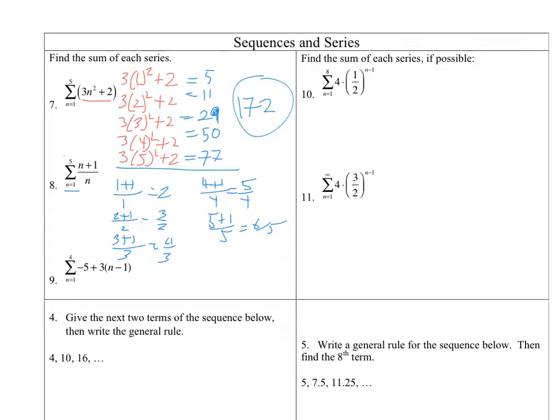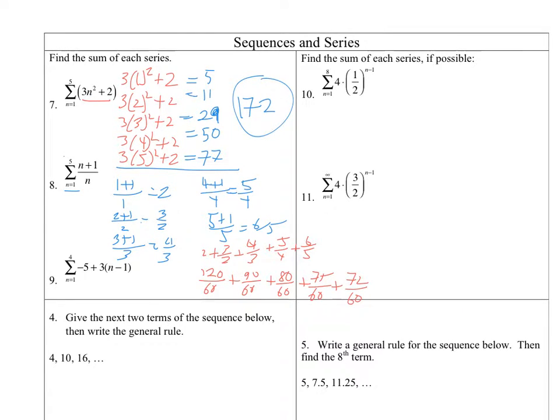And looking at this, we're dealing with 2 plus 3/2 plus 4/3 plus 5/4 plus 6/5. The common denominator for all of those is going to be 60. So that would be 120 over 60 plus 90 over 60 plus 80 over 60 plus 75 over 60 plus 72 over 60.